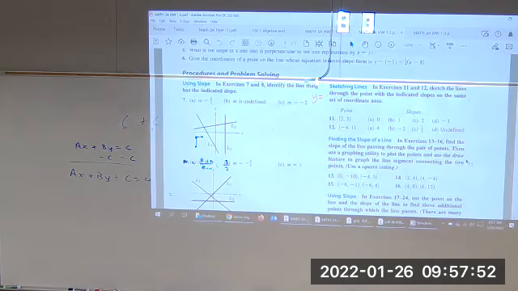And number 11, it says plot the point (2, 3), and then on the coordinate axis, graph a line that goes through that point with a slope of 0, a slope of 1, a slope of 2, and a slope of 3.